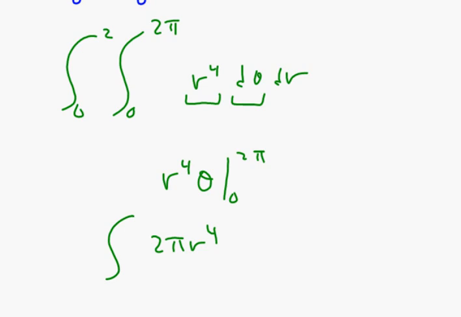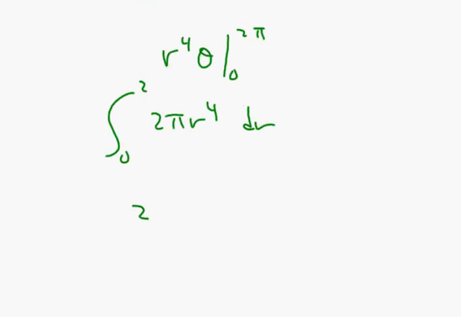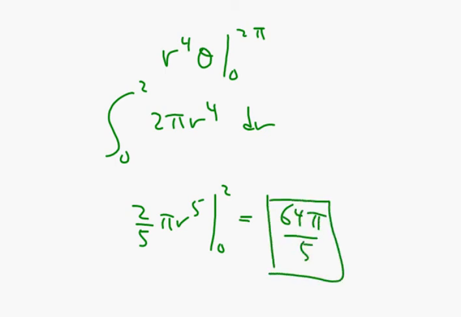And the antiderivative of that from 0 to 2, dr, is going to be 2/5 pi r to the 5th from 0 to 2. But that's going to be, if I plug 2 in, I'm going to get 32 times 2, or 64 pi over 5. So we took an integral that was almost impossible to do and made it very easy to compute.